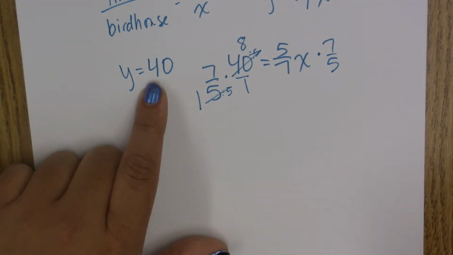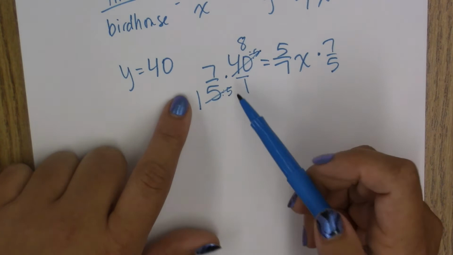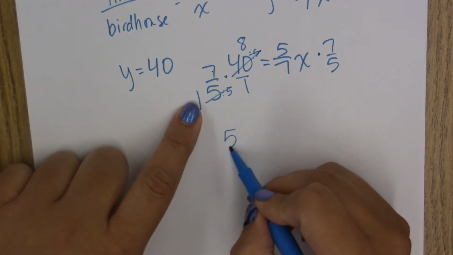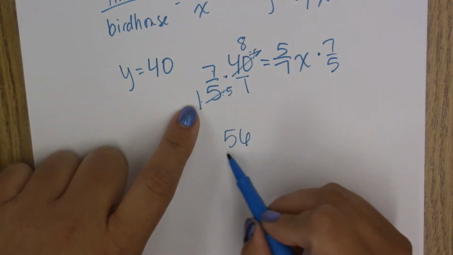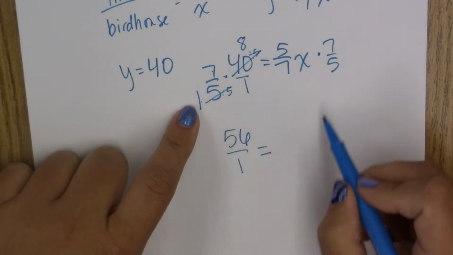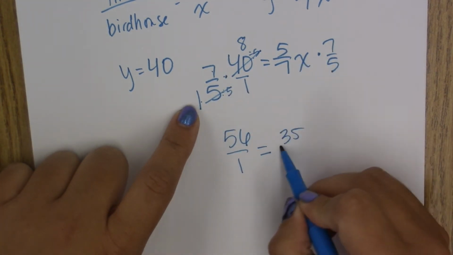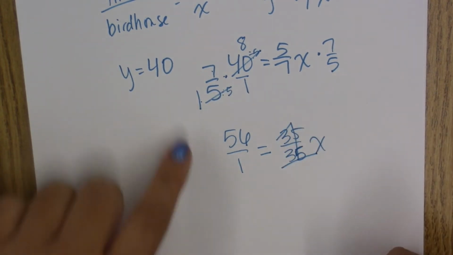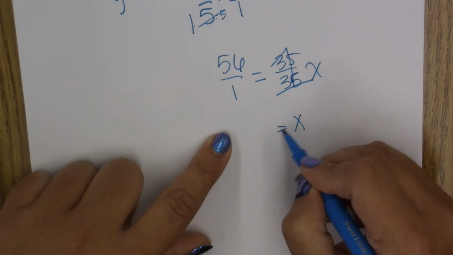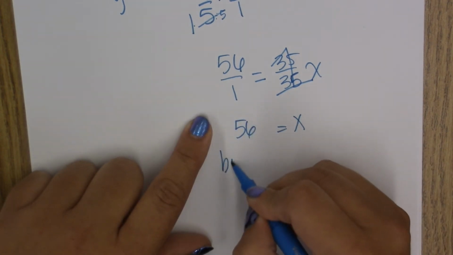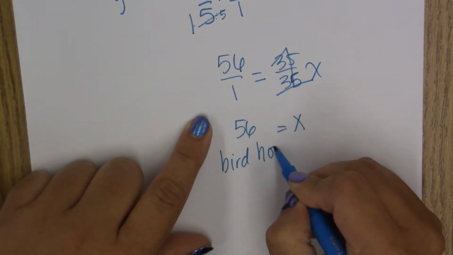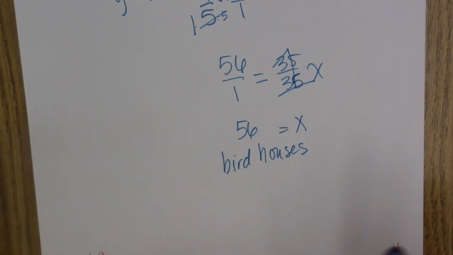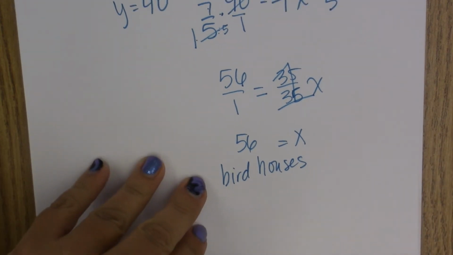So I'm just doing that last step first, the simplification, before I multiply. 7 times 8 is 56, and 1 times 1 is 1. And then over here, we get 35 over 35, which turns into a 1. So I know that he can build 56 birdhouses.